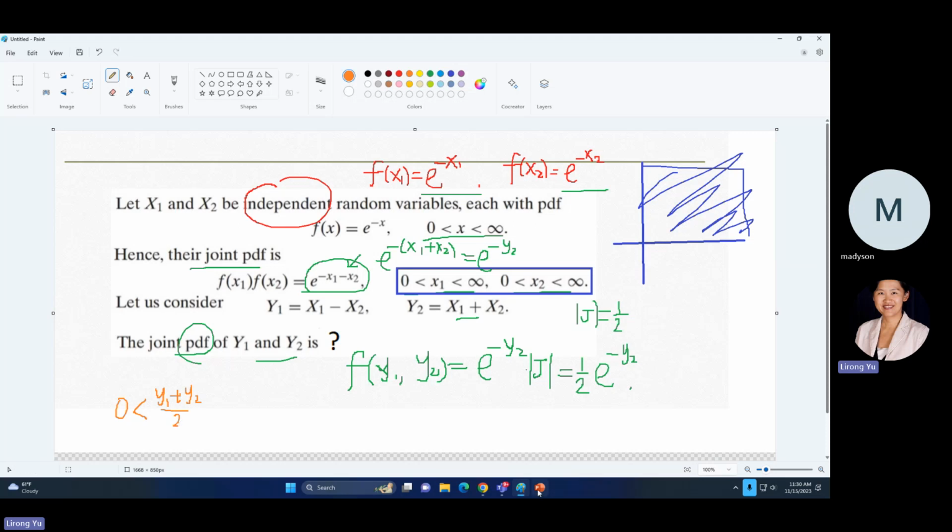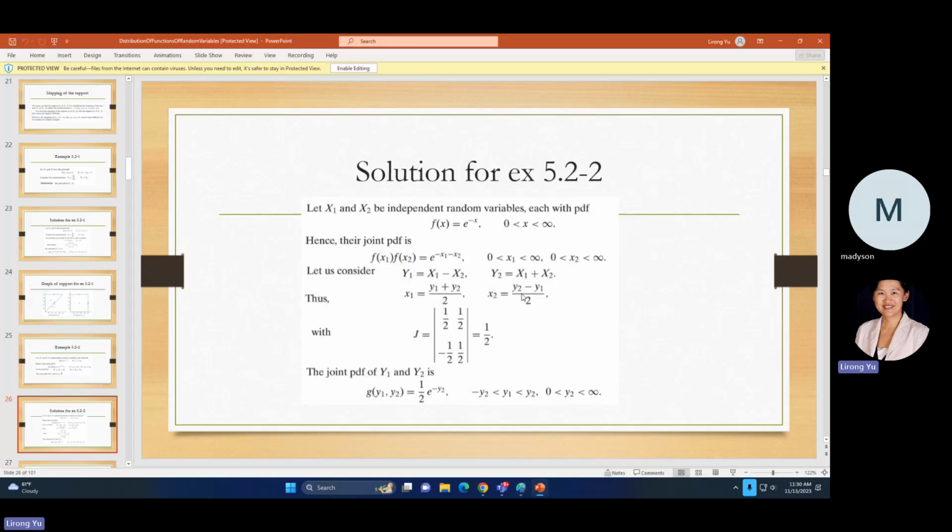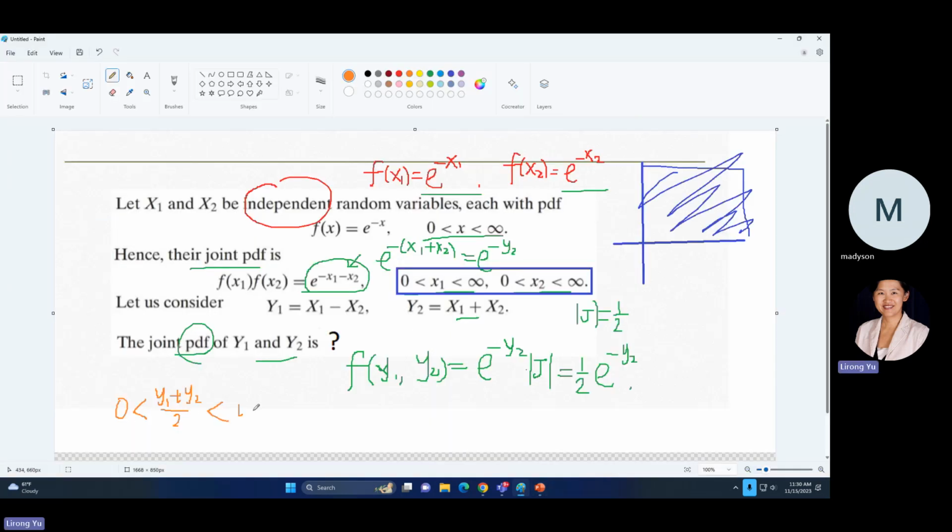That was the x1. x1 is a summation, x2 is a subtraction divided by 2. And then we have 0 is less than y2 minus y1 divided by 2. That was the x2. Because of the x1 equal to this, we have this. So these are the relations.